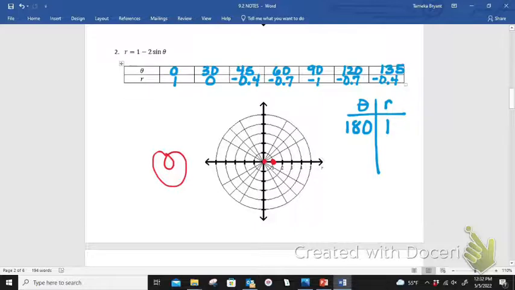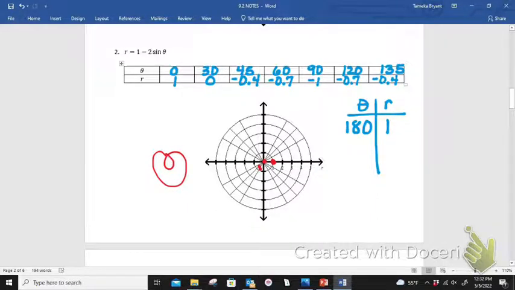All right, so now we're at 60. Wait, did I do 45? So at 45, I'm going to go backwards to about right there. And then at 60, I'm going to go backwards, a little bit closer to 1.